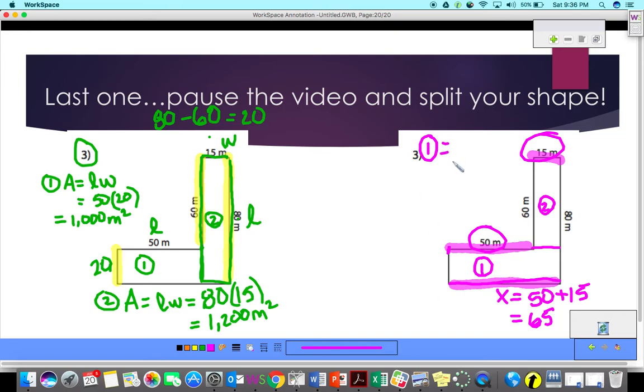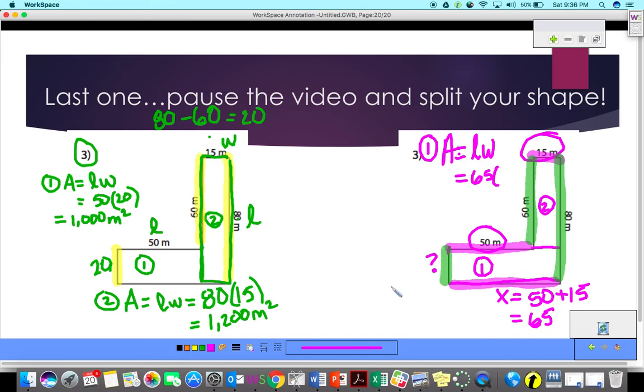So I know shape 1 is a rectangle, and one of the sides is going to be 65. But I still need to figure out what this distance would be for that part of the rectangle. So I'm going to highlight what I know, what's parallel to it. That side is parallel to that, which is parallel to that.